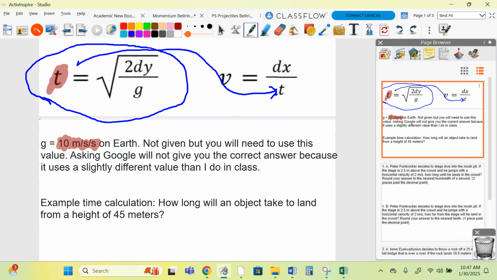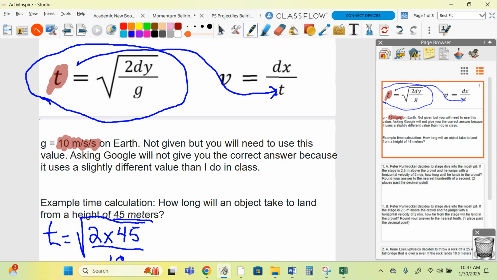If you're using a blue calculator or maybe a yellow calculator for math class, you can type in everything underneath the square root. If you're using a computer calculator, you will need to do it a little bit differently. But I wanted to use this example. Please make sure that you're getting the same answer that I do when you plug it in. So if I want to find out what the time is, square root of 2 times 45 divided by 10.